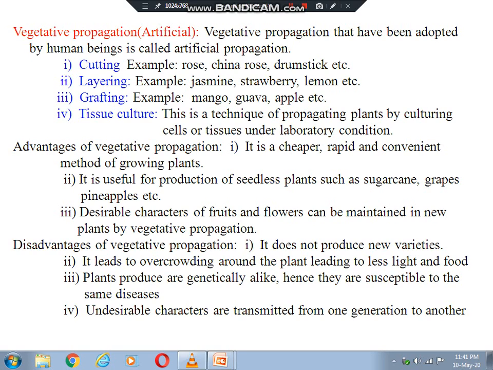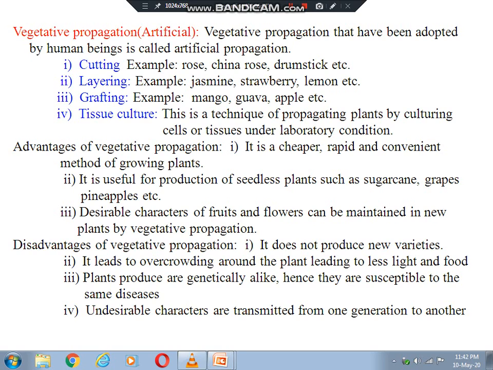Now I have completed asexual reproduction in plants. Next day I will discuss about the sexual reproduction of plants. But dear students, you have to go through the book very nicely, read each and every line.